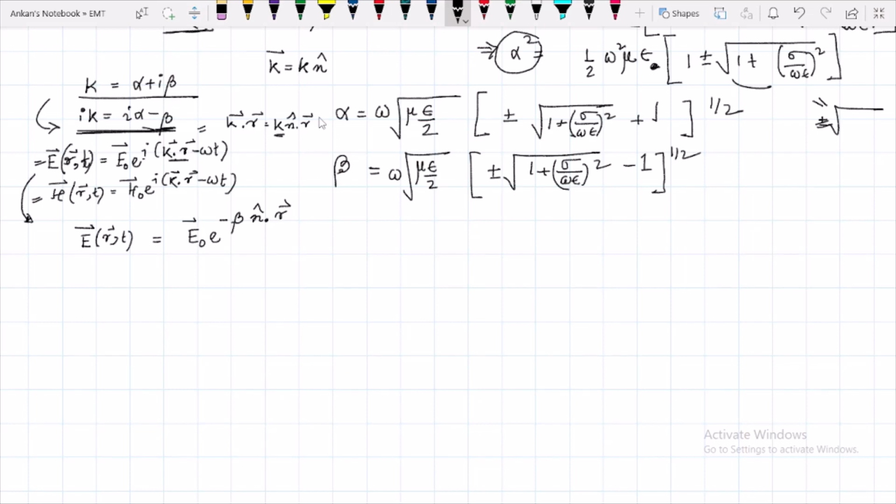By replacing k, more generally ik, we will be able to obtain this term. Next we have to write the exponential term, alpha n cap dot r minus omega t. Similarly you can write this also.